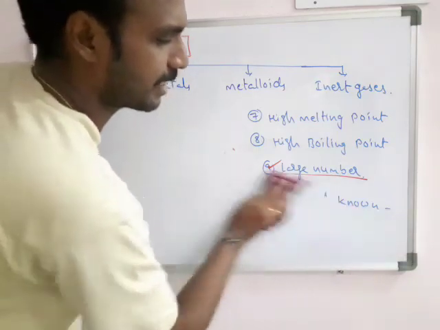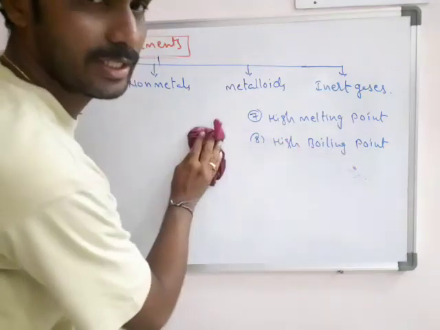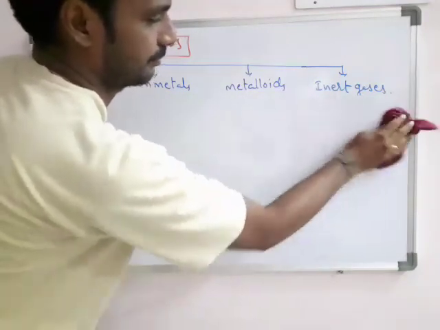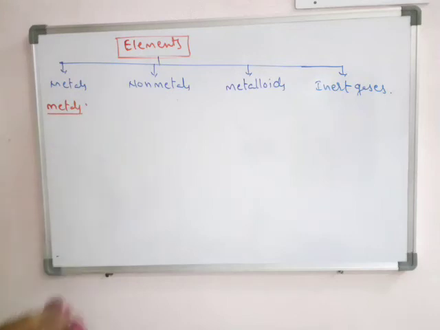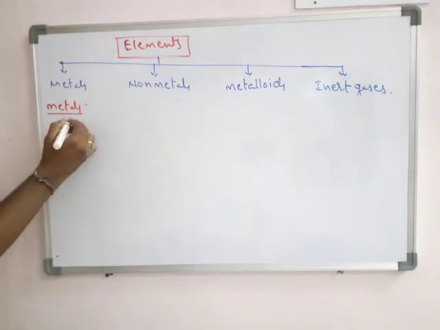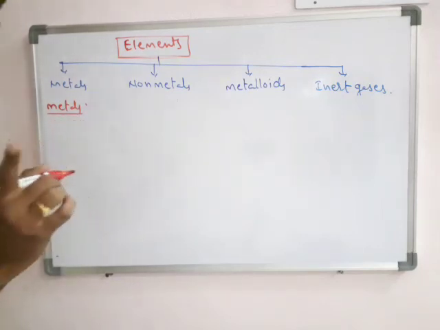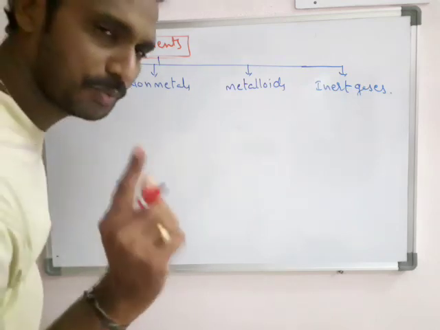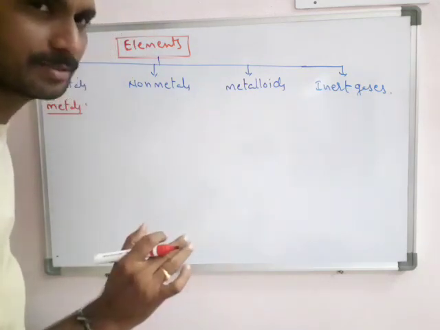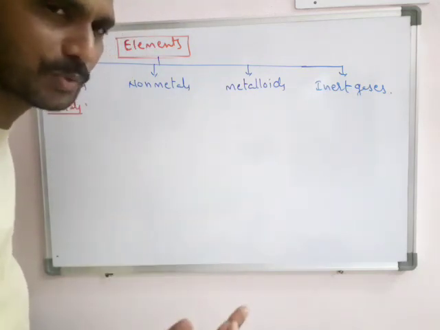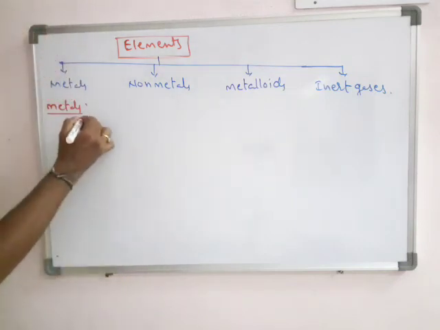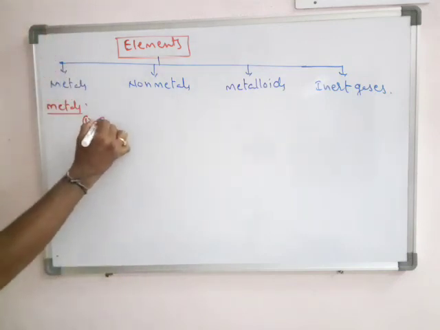Generally metals create a sound, which is called sonorous. Now I am giving the examples of metals. All of you write the uses, that means where we are using those metals. For example, iron.